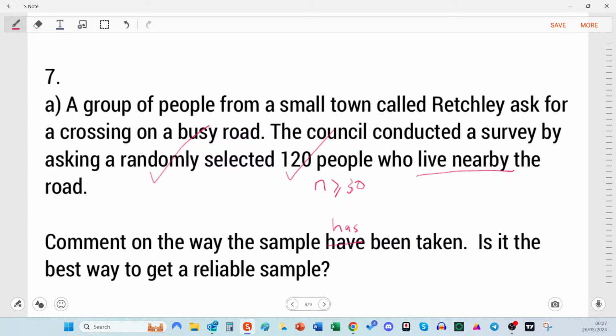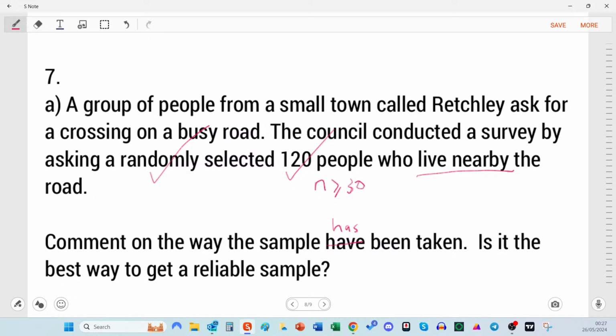I think it's important. There are a couple of these styles that say you want to find out about people, whether they like music or not, and you stand outside a music store. And obviously that's really bad, because everyone going into that shop likes music. That's different here.